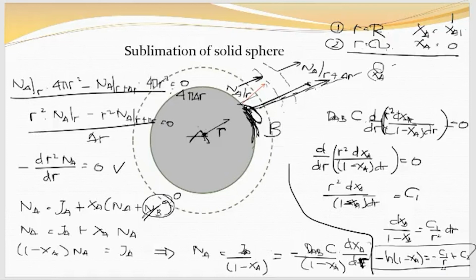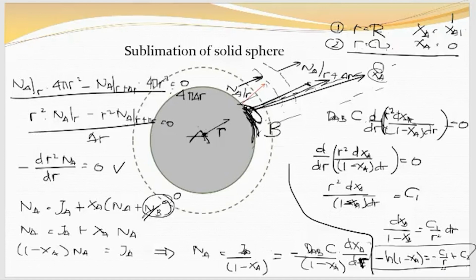XA here is low because they have a concentration gradient. A will move here, but the air will always have almost similar concentration.